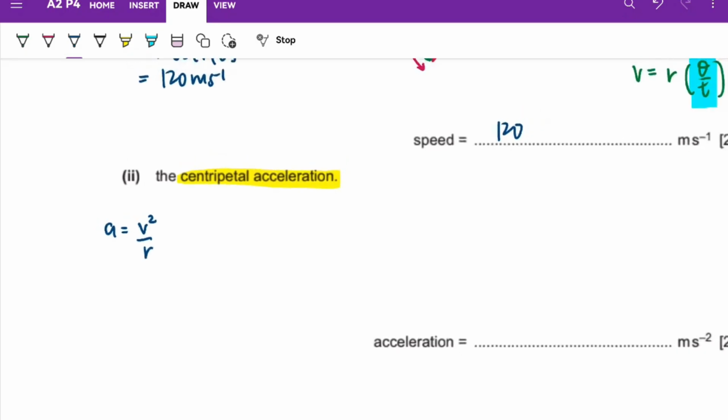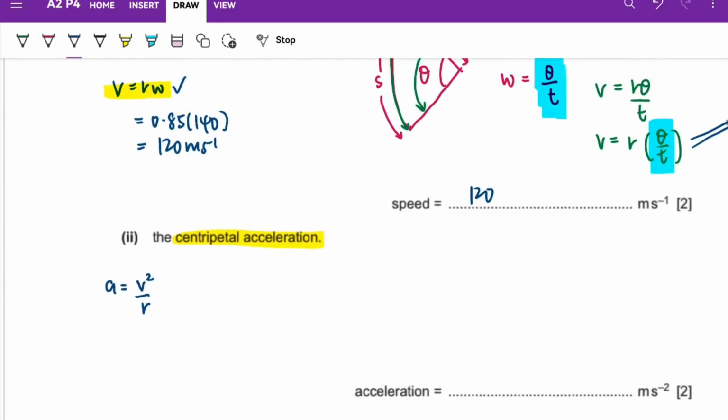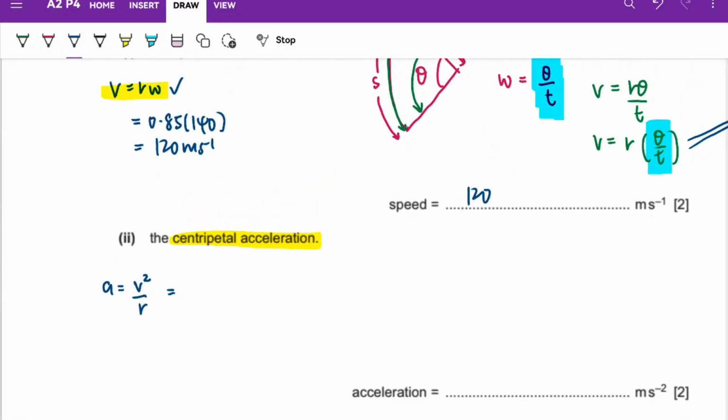Your v as found is 120. Remember to square, don't forget to square. Very important. Over your radius of 0.85, and take out your calculator, you will get 1.7 times 10 to the power of 4 meters per second squared.